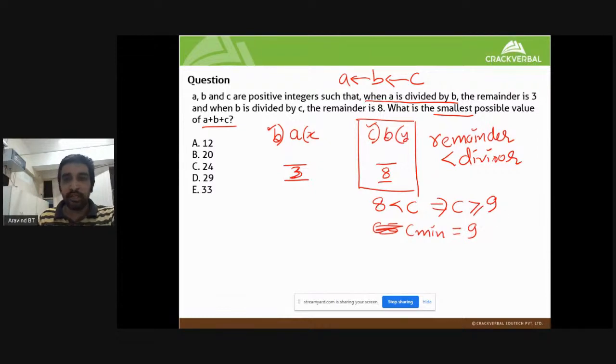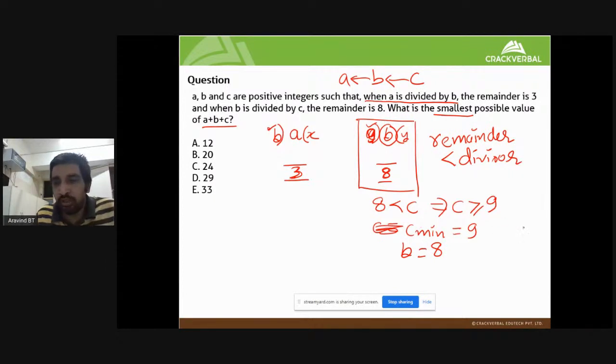So do I consider 9? Yes, why not? So let's put 9 here. So what are you now telling? You're telling that I have a number B. I'm dividing this number B by 9 and I'm getting a remainder of 8. That is only possible if your B itself is 8.